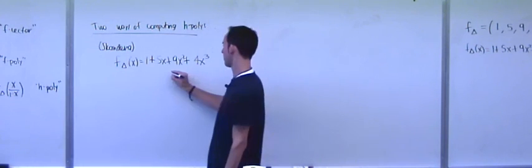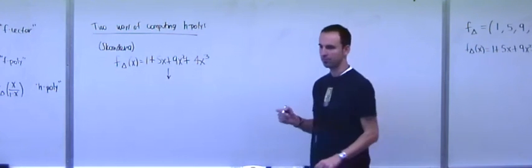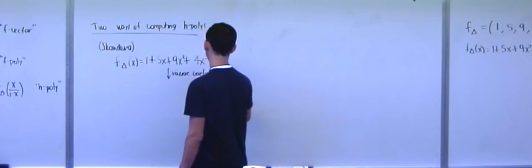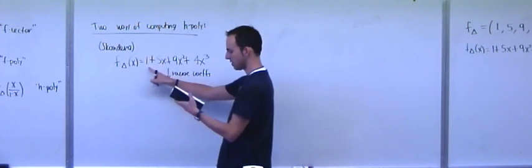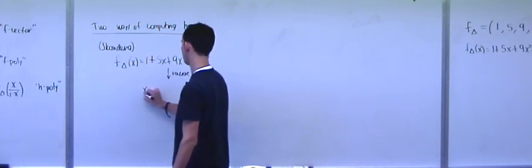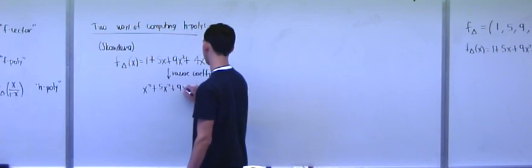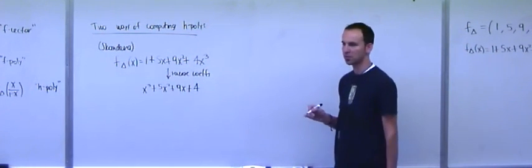Then the first thing you're going to do is just reverse the coefficients. So that means I'm just going to make this guy be the x cubed, this guy be x squared, this guy x, and this guy like this. Okay, that's the first step.